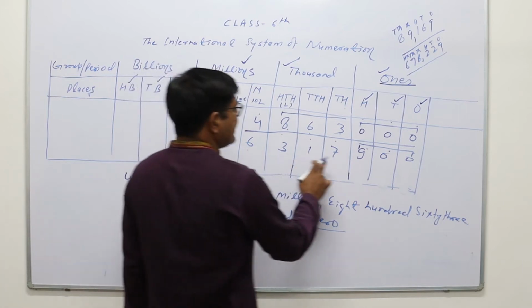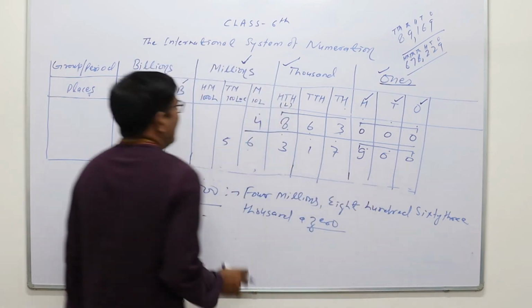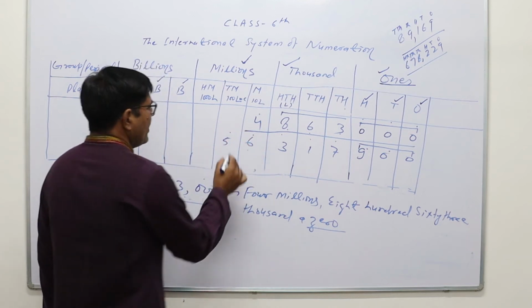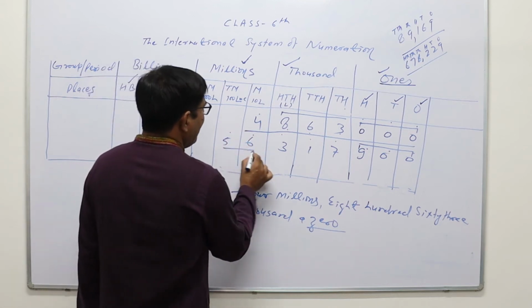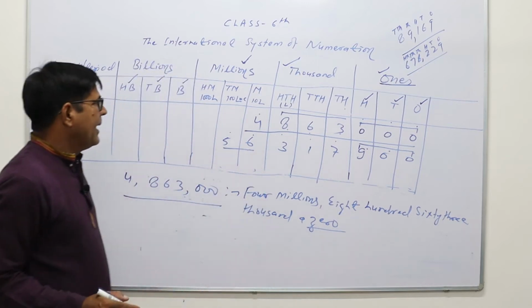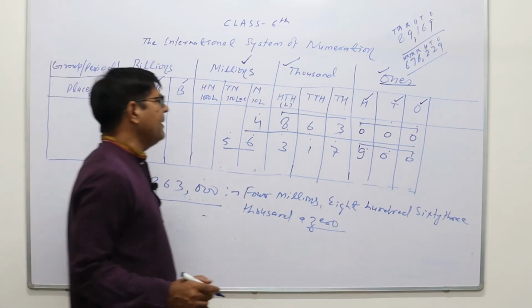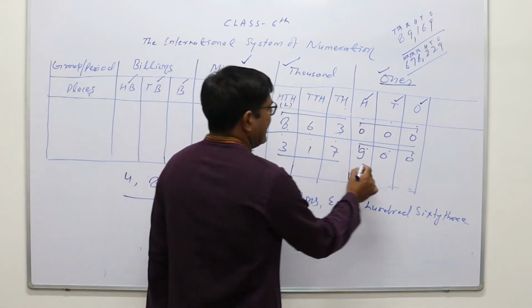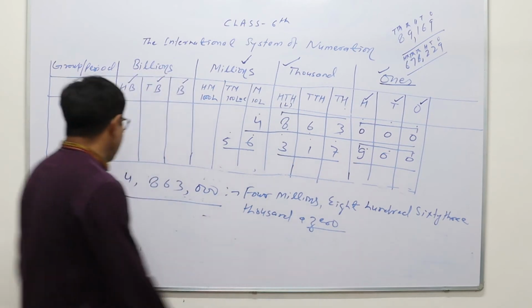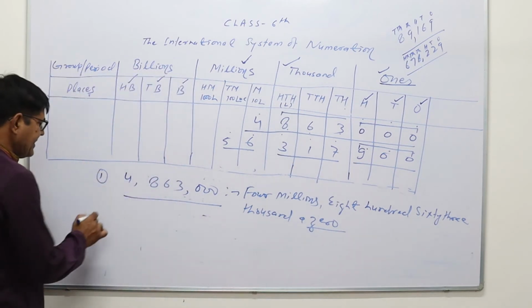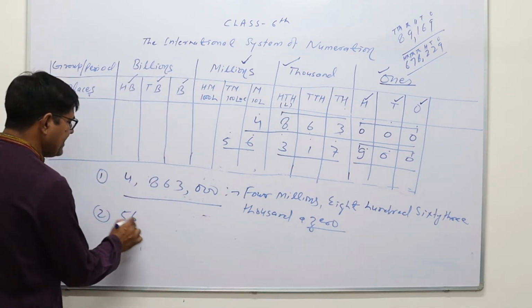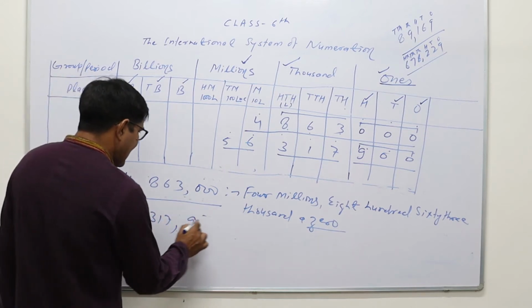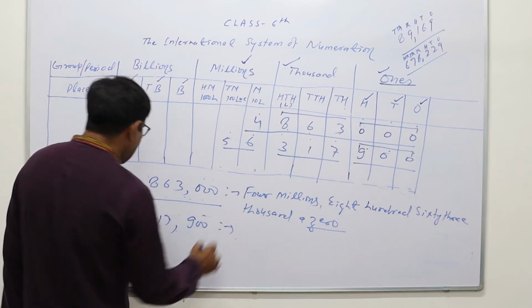So 317,900 and then millions, then 10 million. So it will be read out as 56 million 317,900. So the second one is 56,317,900.